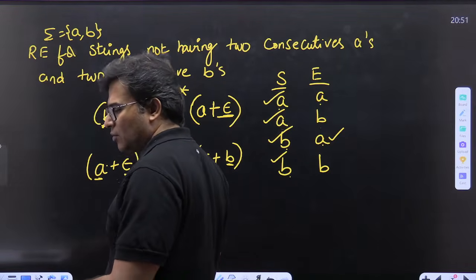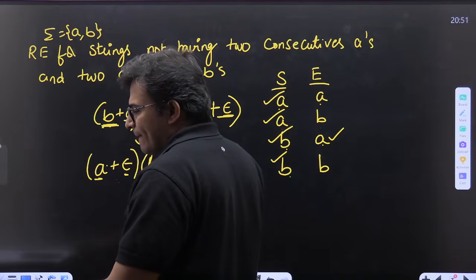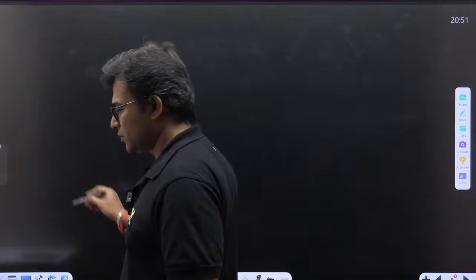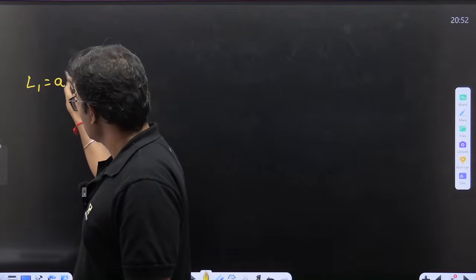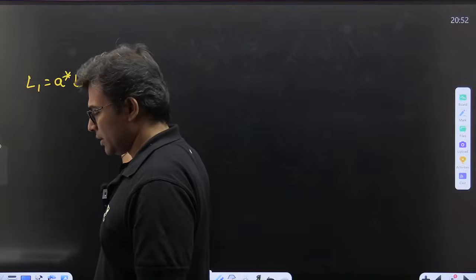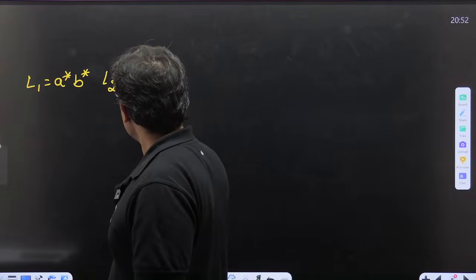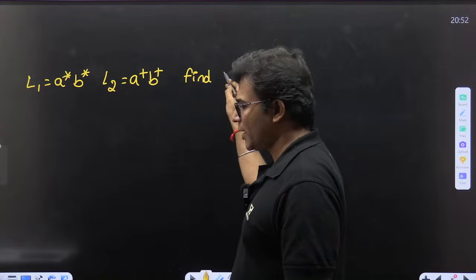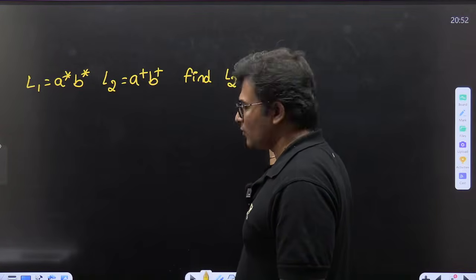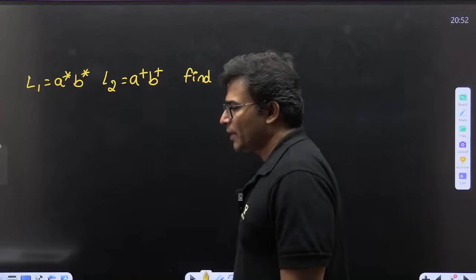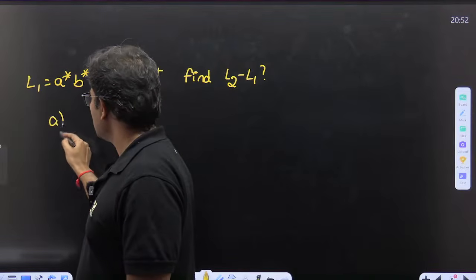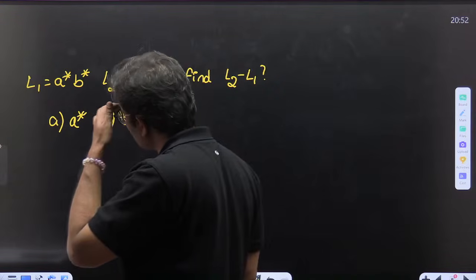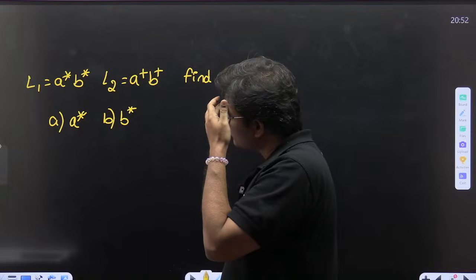Now let us say I'll give you a question and options. L1 equals A*B*. L2 equals A+B+. Find L2 minus L1. What is L2 minus L1? Option A is A*. Option B is B*.